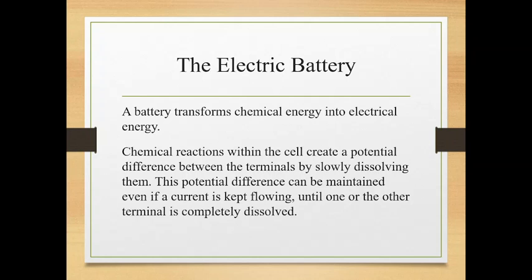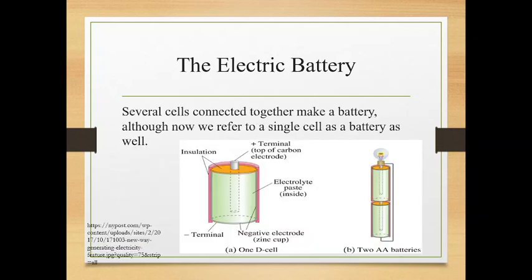A battery transfers chemical energy into electrical energy. Chemical reactions within the cell create a potential difference between the terminals by slowly dissolving them. This potential difference can be maintained even if a current is kept flowing until one or other terminal is completely dissolved.